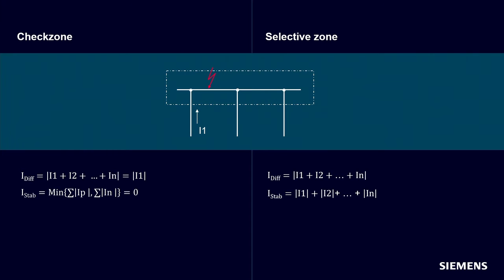For the stabilization current, you must compare the current flowing towards the busbar, which equals I1, to the current flowing away, which equals 0. The smaller value is 0, and therefore this is our stabilization current. For the selective zone, the differential current is also the magnitude of I1, and the stabilization current is the same as the differential current.